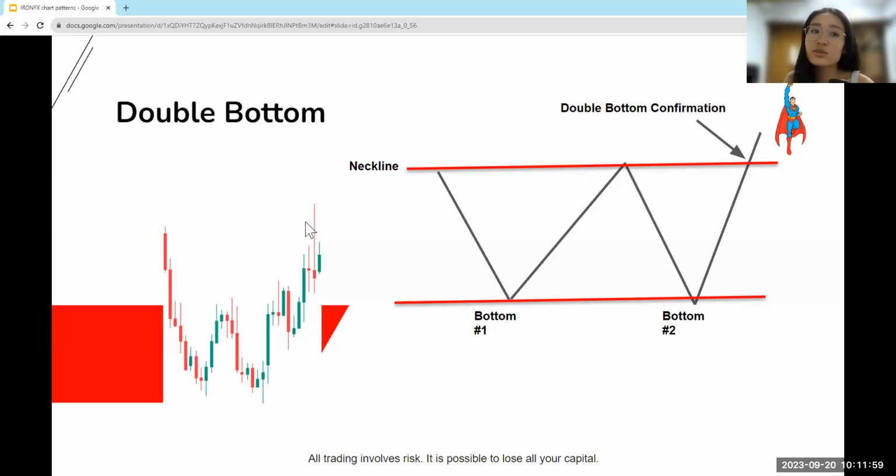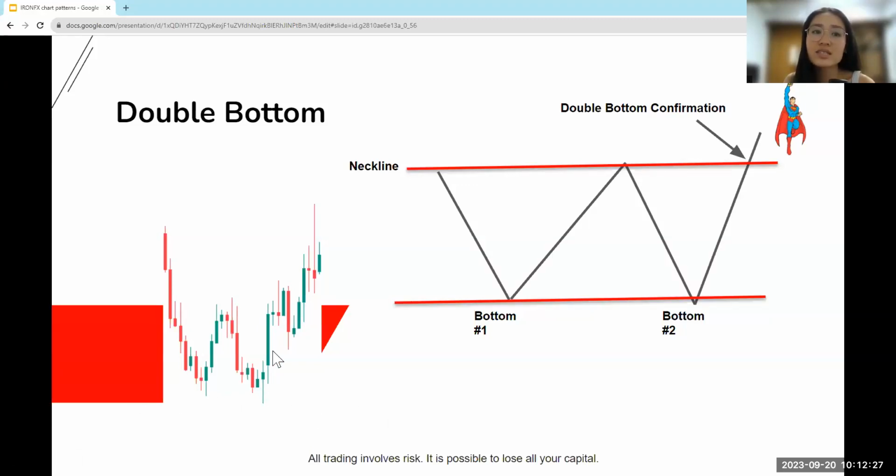So once again, I've included a candlestick example for you to take a look at. Our double bottom has these two, I was gonna say heads, but in this case, I guess they are kind of swing lows. So our swing lows also form an almost horizontal or horizontal level, and that's kind of what you're looking for over here.